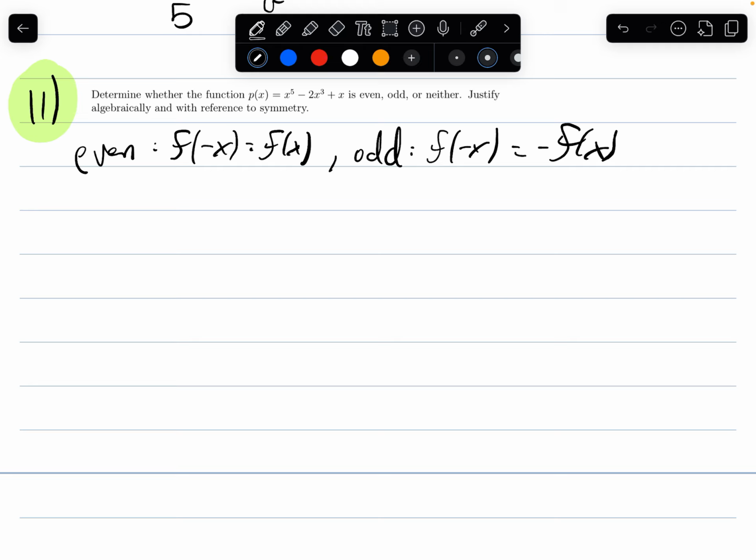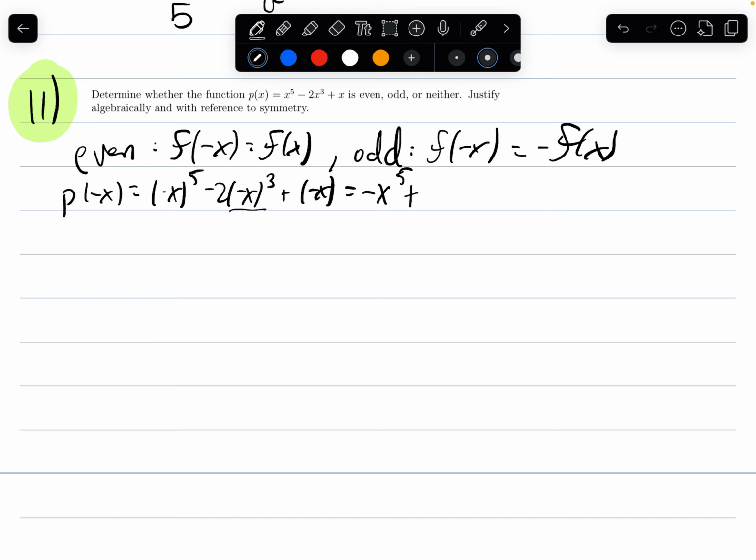So we plug in negative x, and so f of negative x in our case, or I guess it's p actually, so in our case it's p of negative x is negative x to the 5th minus 2 negative x cubed plus negative x. Negative x to the 5th is negative x to the 5th. We have minus, so the negative x cubed becomes negative x cubed.